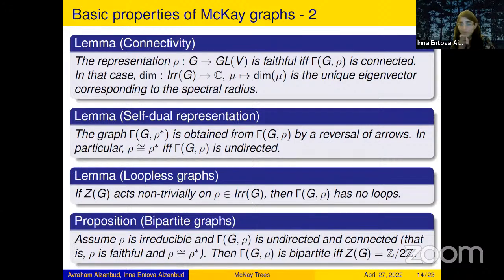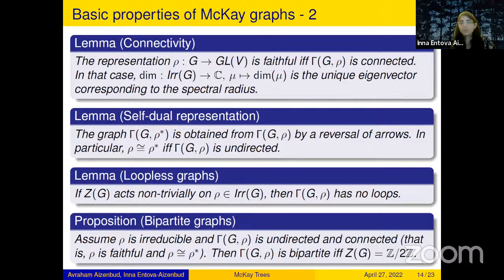And furthermore, one can actually say something about the meaning of being a loopless graph. Namely, if we start with an irreducible representation rho, then we have no loops if the center acts non-trivially on the representation. This is not an if and only if statement, just one direction.